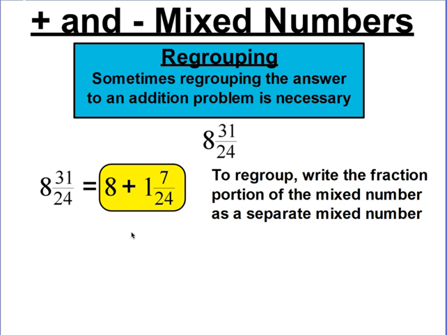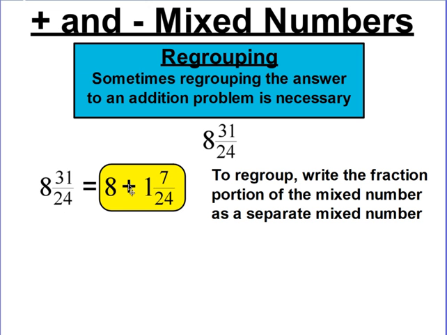So again, the way you do that is 31 divided by 24, and 24 can go into 31 one time, and the remainder is 7. So just like that long division problem we did before, we're going to do that with just the 31 over 24 and make this.